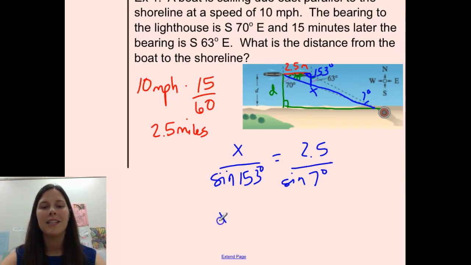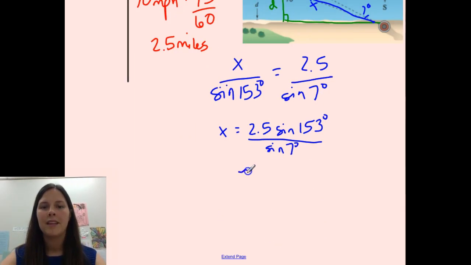Multiplying both sides by the sine of 153 degrees gives us about 9.313 miles for the hypotenuse in the right triangle.